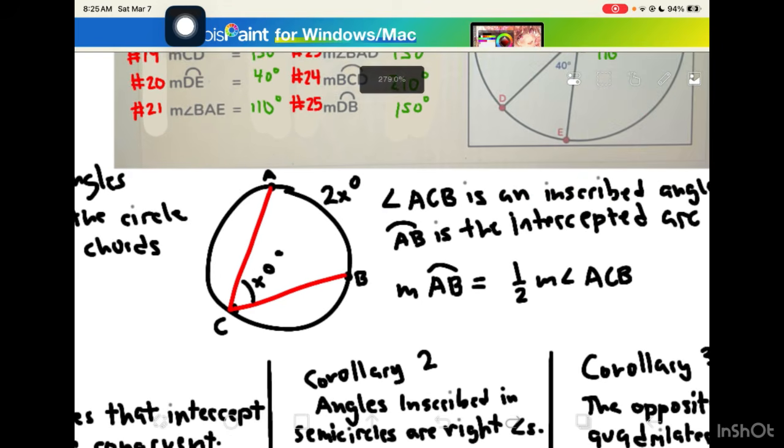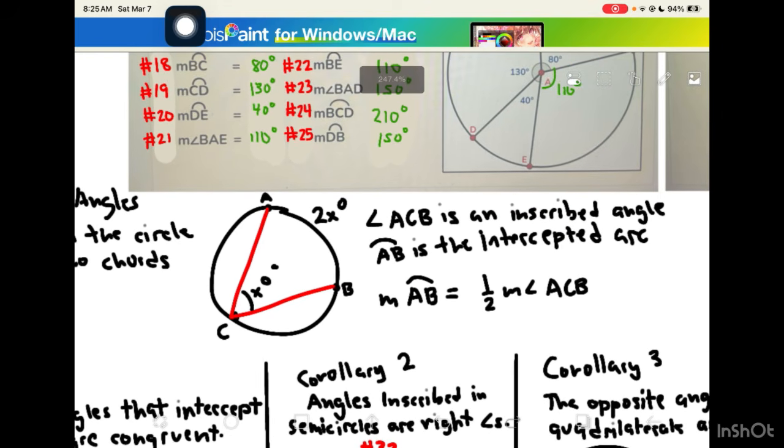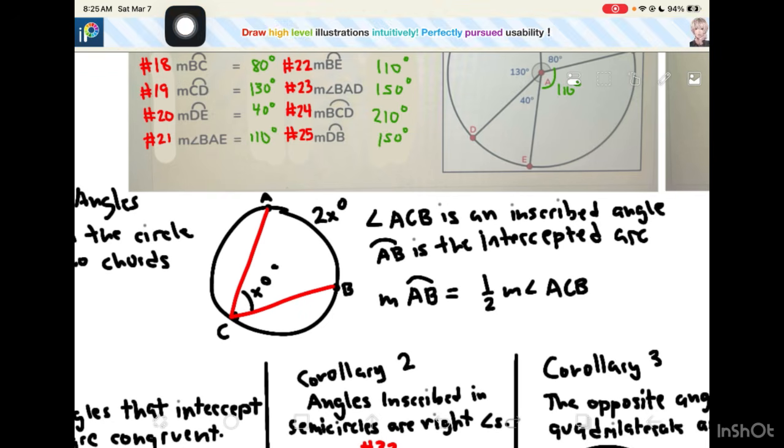Given this figure, we can say that angle ACB is an inscribed angle and AB is the intercepted arc. So we can also say that the measure of angle ACB is equal to half the measure of arc AB.